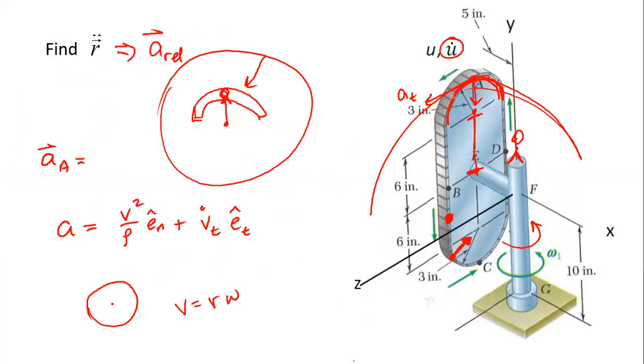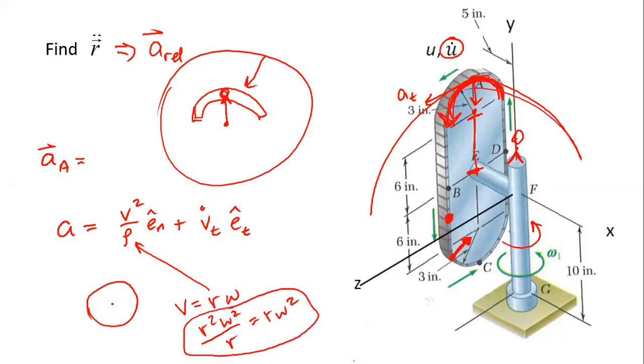So if you call this some sort of an omega, going around through there, then you can just plug that in, and basically you get R omega squared. Because this R goes in the V squared, so you get R squared omega squared over R. So, kind of. Is that what you're asking?